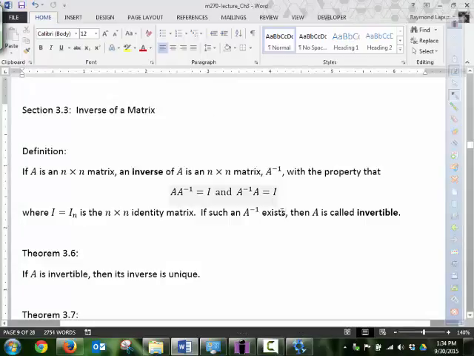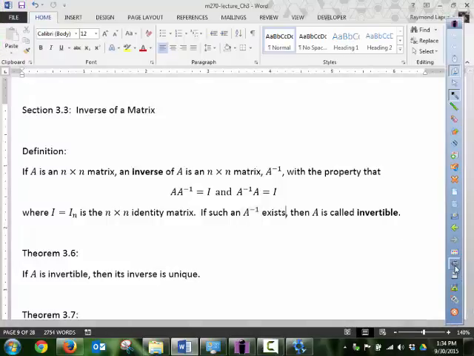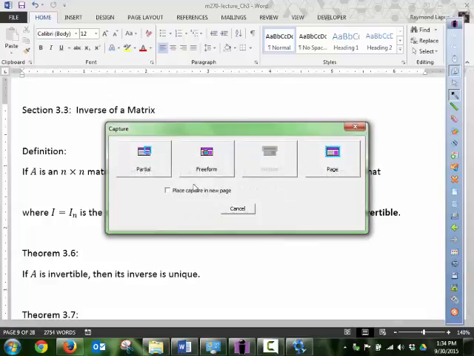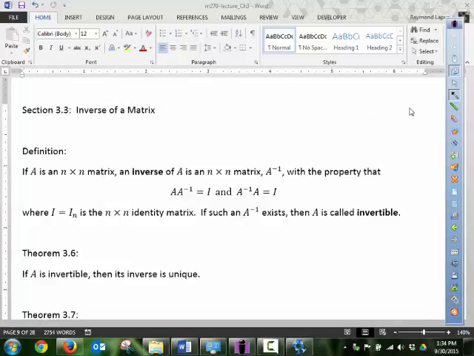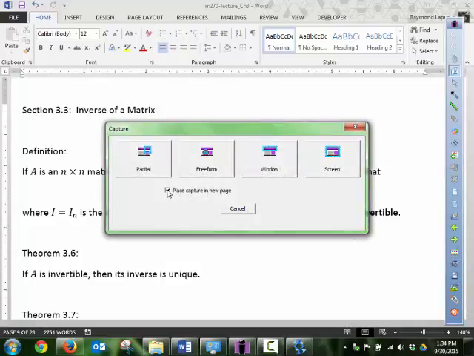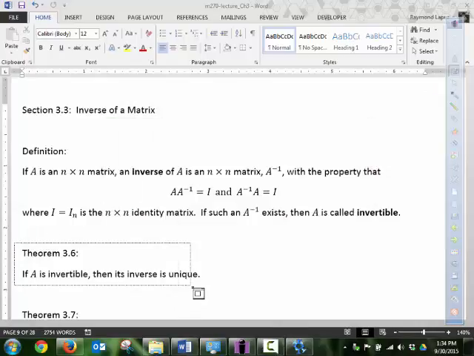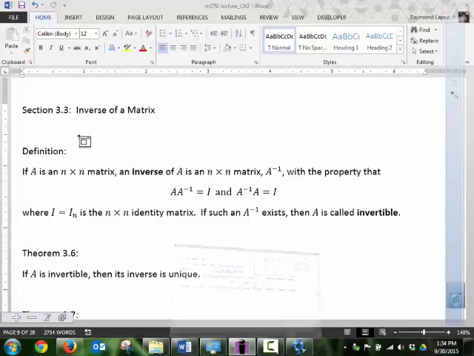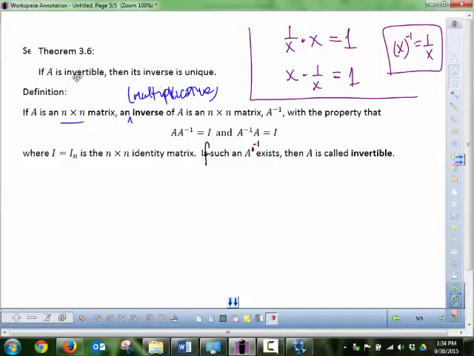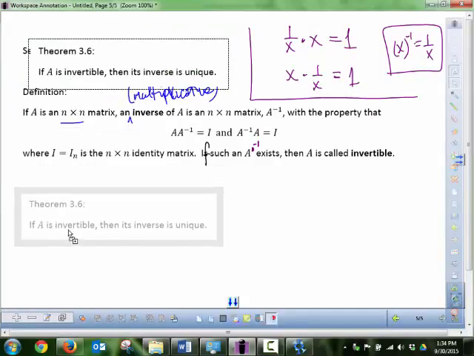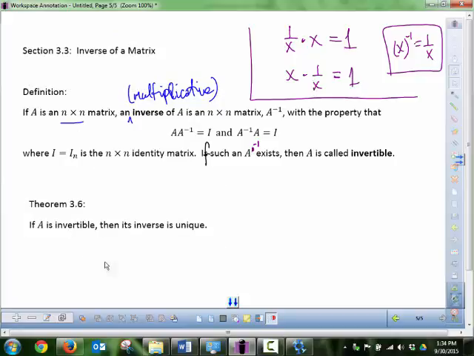A simple theorem here says that if you can, in fact, find your inverse, then that inverse is unique. There are no other inverses that you can find. That seems obvious, right? Is there a place where this might not be true?